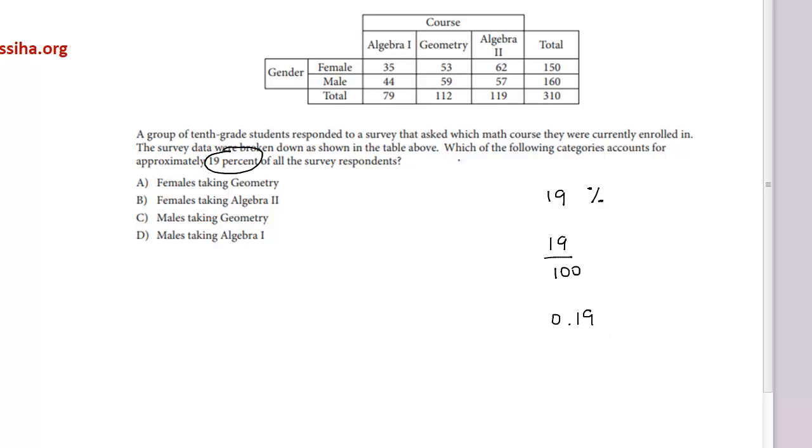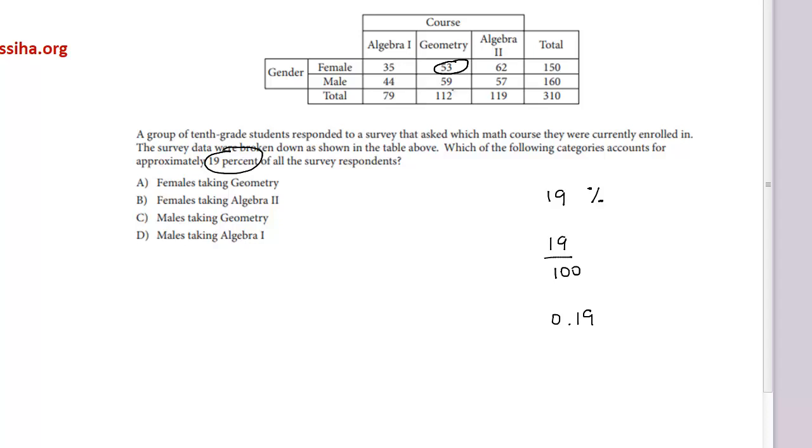Now they are saying the first one, females taking geometry. So this is a female taking geometry, and we have a total of 53. This total is between female and male, and the total here is for geometry.